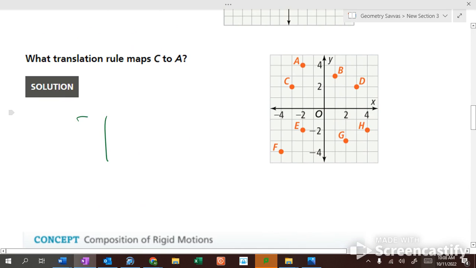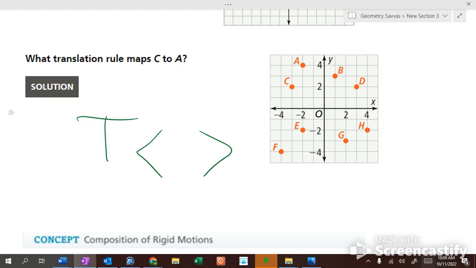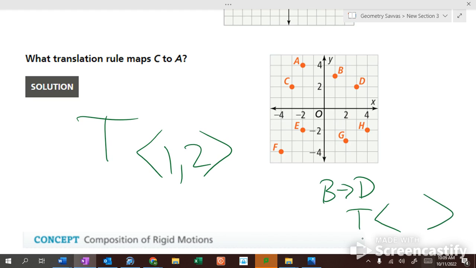What's the translation rule that maps C to A? Well, C is here, A is here. What's C to A? What's your translation rule, Mr. Meyer? Yep, and Y would be 2. What would map B to D?